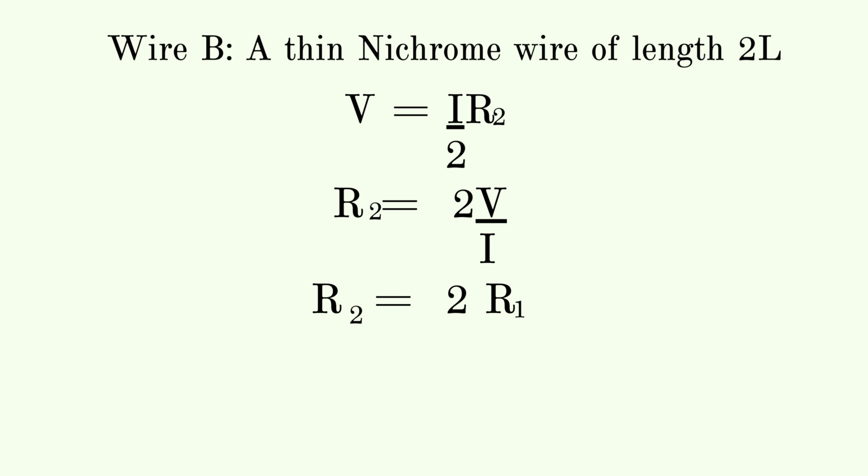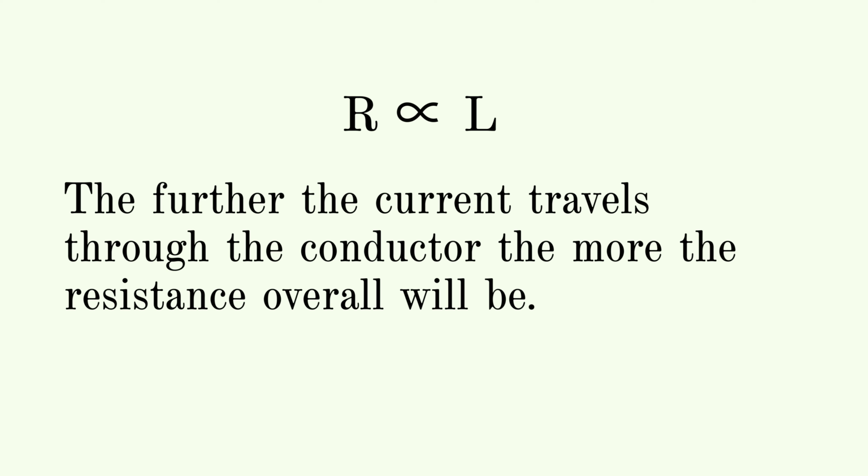So we are going to write V equals I by 2 into R2, where R2 equals 2V by I. We know V by I is R1, which is the resistance of wire A, which means when we double the length of the wire in the circuit, the resistance also gets doubled. Therefore, we can say that resistance R is directly proportional to the length of the wire L. The further the current travels through the conductor, the more the resistance overall will be.